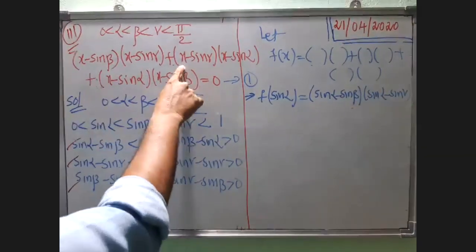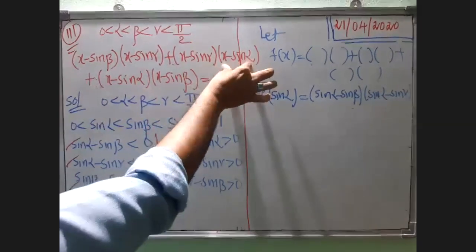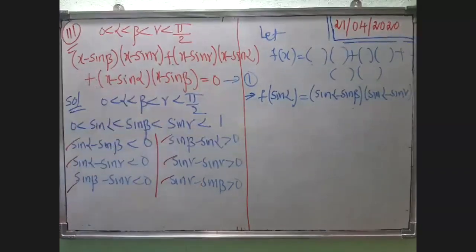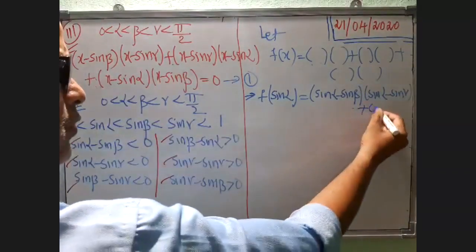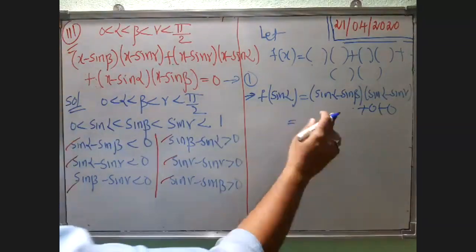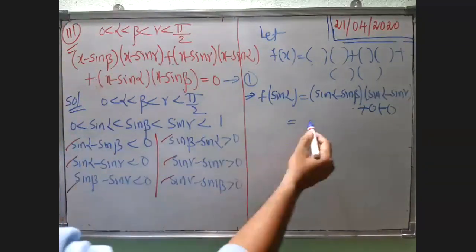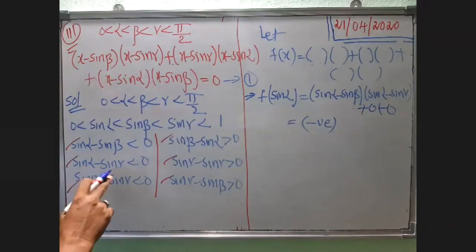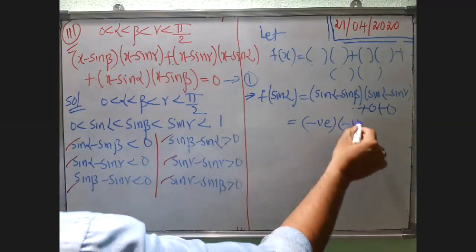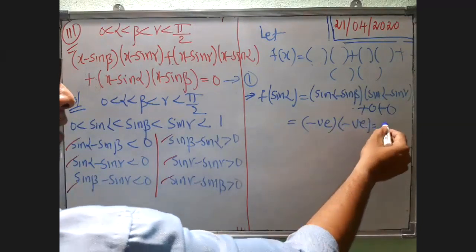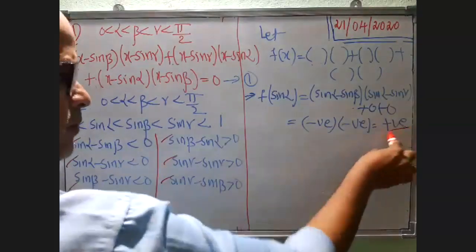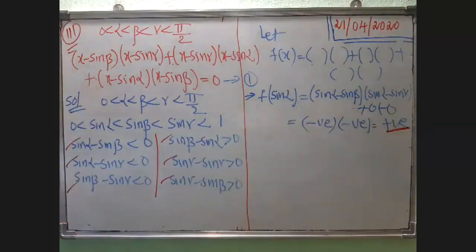Here sin alpha minus sin alpha becomes 0, so the next two terms are 0, and I get only this first term itself. Sin alpha minus sin beta is negative. Sin alpha minus sin gamma is also negative. Negative into negative is positive. So f of sin alpha value is positive. This was the first case.